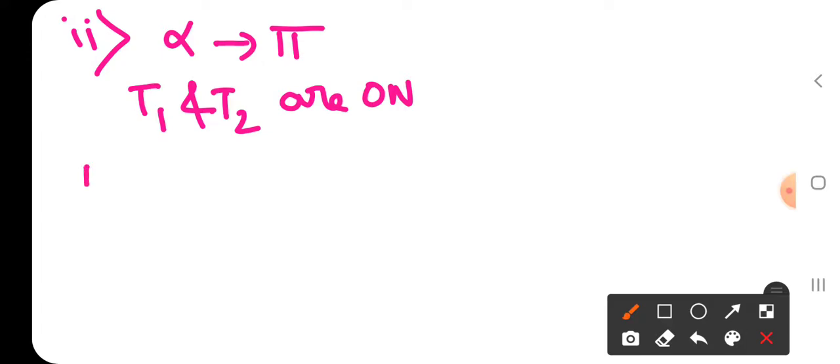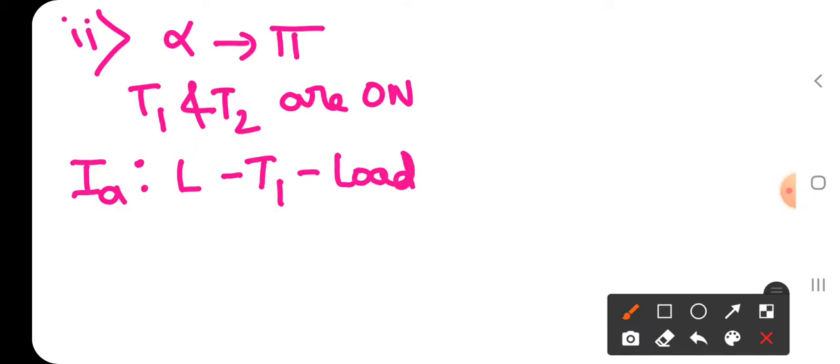How will the current flow? IA will start from L to T1, T1 to the load, in the sense the motor, then the motor to T2, and T2 to N to L again. Just go through the circuit diagram.